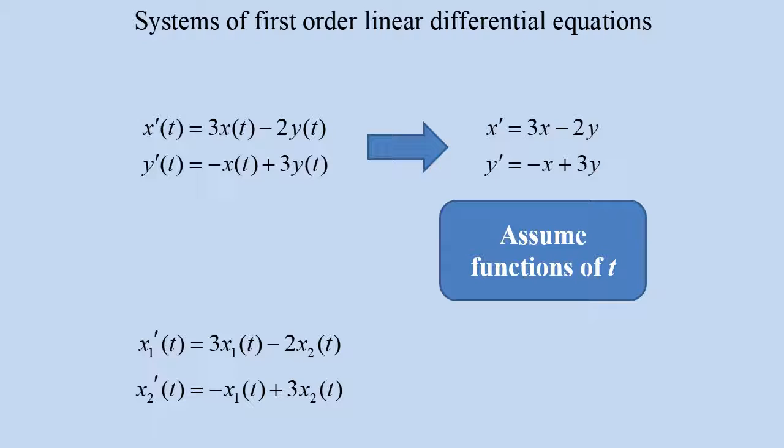One of the things I mentioned earlier was that it doesn't really matter what we call the variables. Here, I've taken that same system of equations where t is the independent variable, only for the two functions, instead of calling them x and y, I'm calling them x1 and x2. This is really common when we're doing linear equations, because as the systems grow and we get more variables, x and y works out pretty well for two variables.